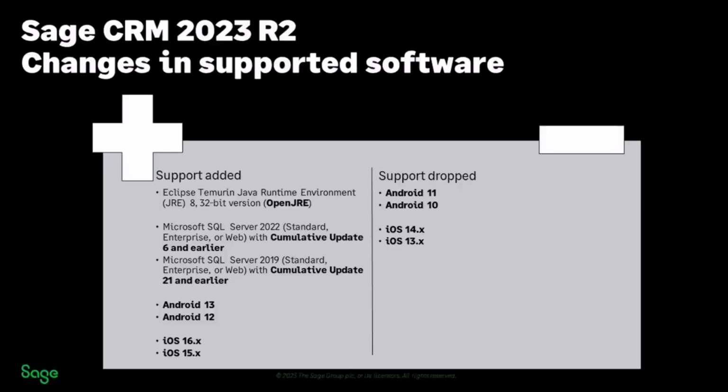The SQL Server changes are just a regular update to the versions of the database that we are supporting, so we're testing with the latest versions available to us at the time of QA. And you can see that we are also working there with the Eclipse Temurin JRE, or the Adoptium Temurin environment.